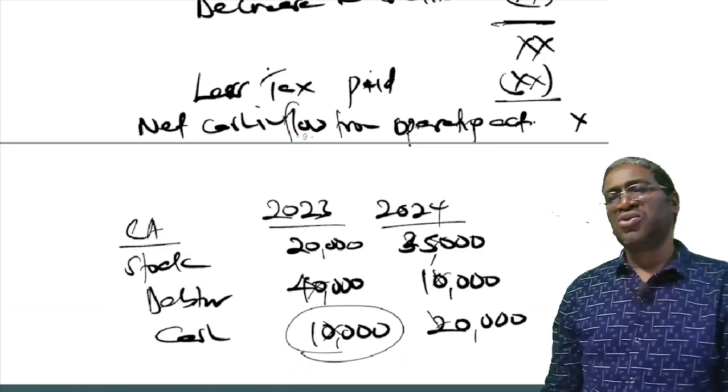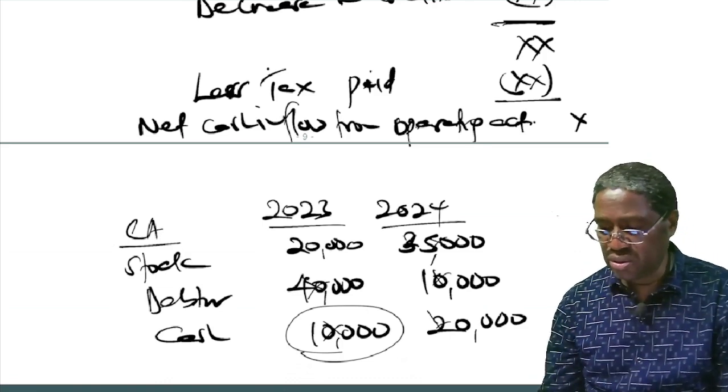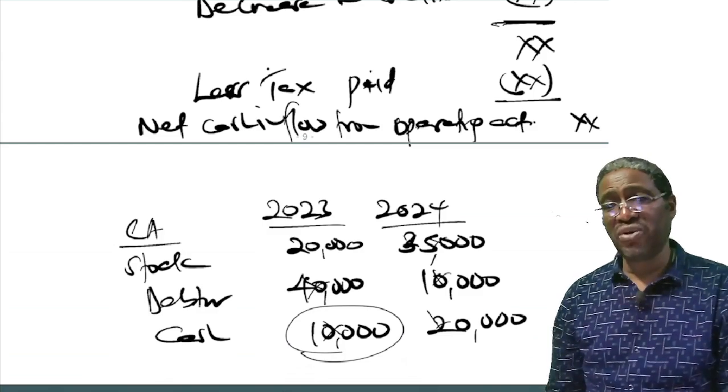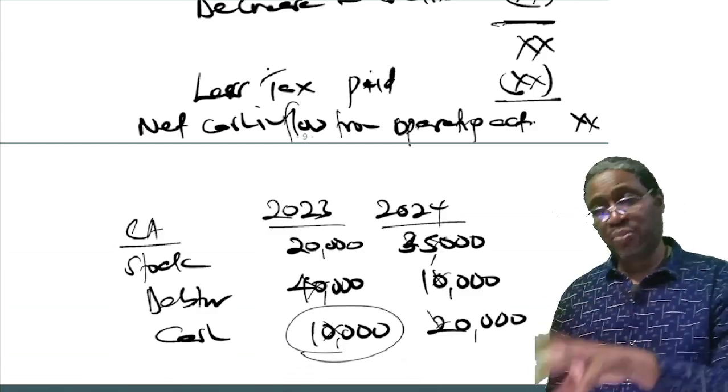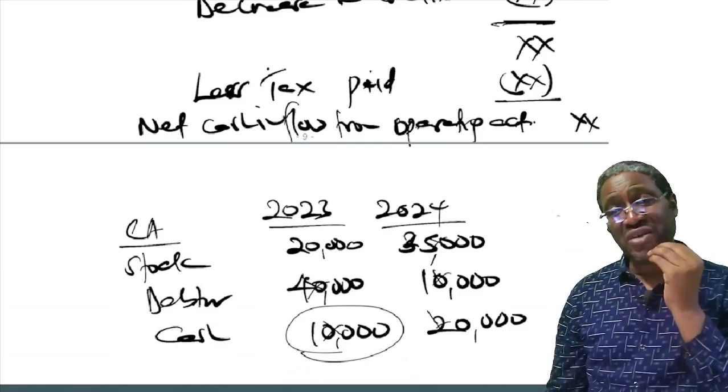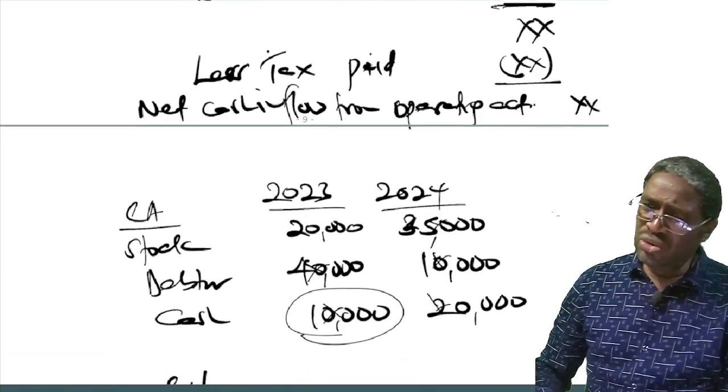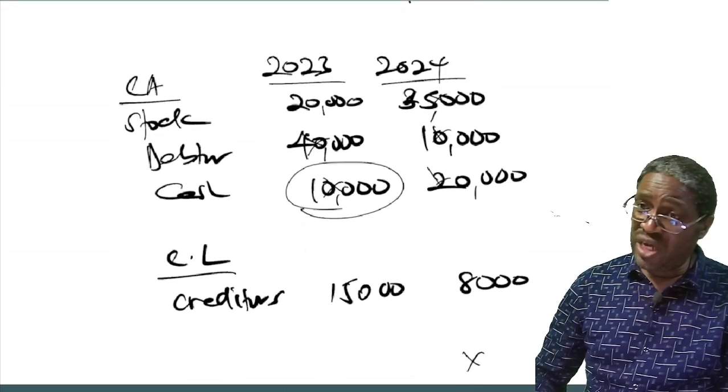Good. So you are now through. That is net cash inflow. If it's a negative, you call it net cash outflow. A positive, call it net cash inflow. Good. That's all for the first category of the cash flows.